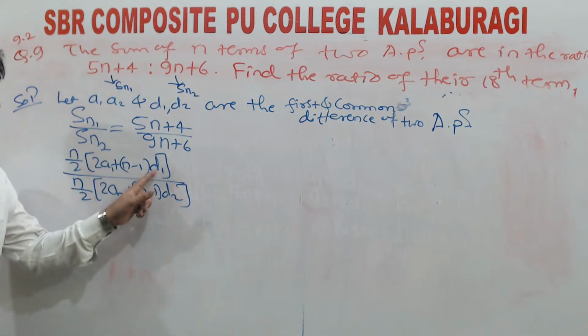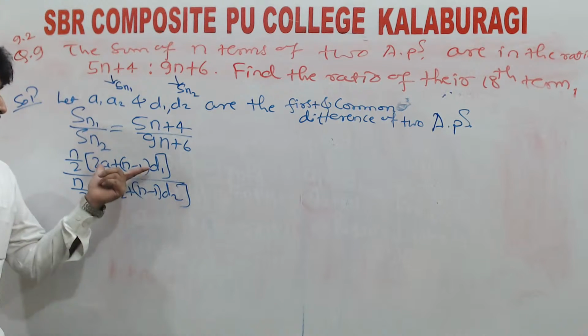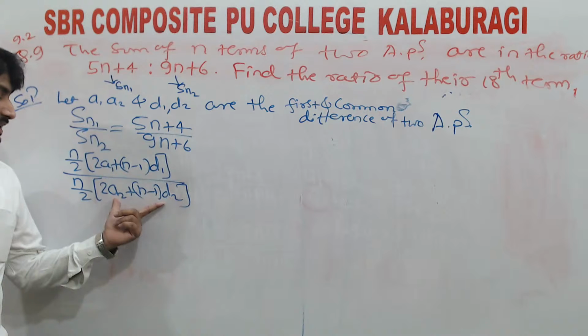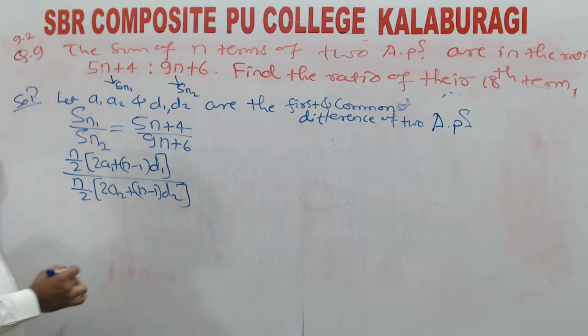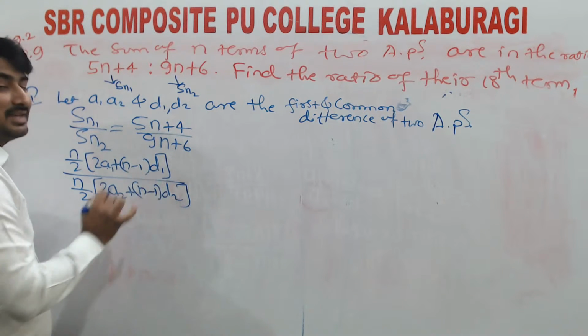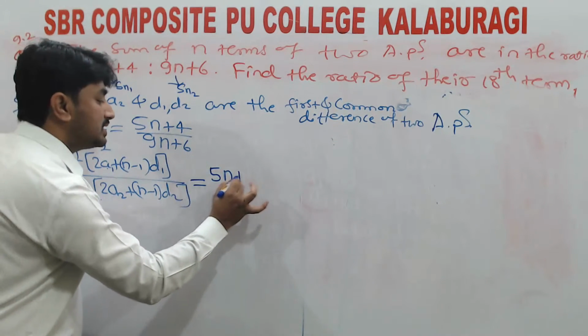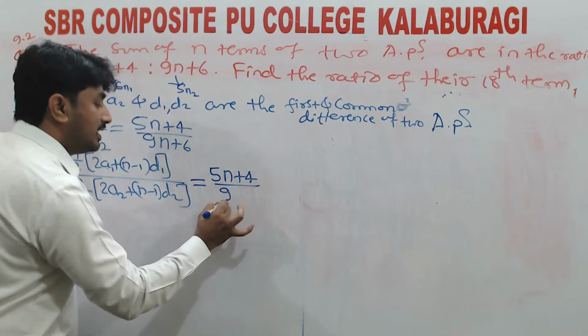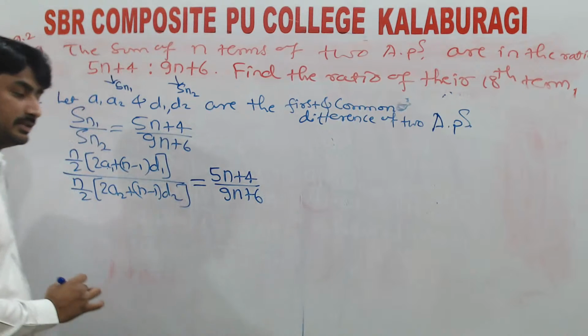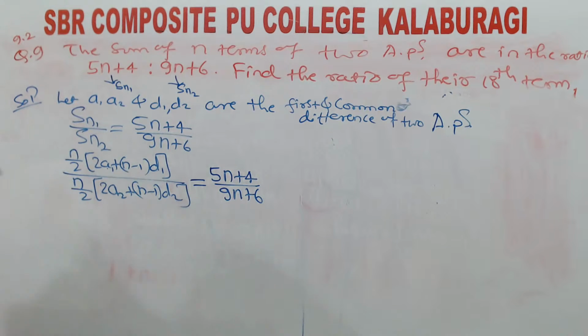Here a1, d1, a2, d2 are the first term and common difference of the first and second arithmetic progressions, equal to 5n plus 4 divided by 9n plus 6. Here also n by 2 cancelled.